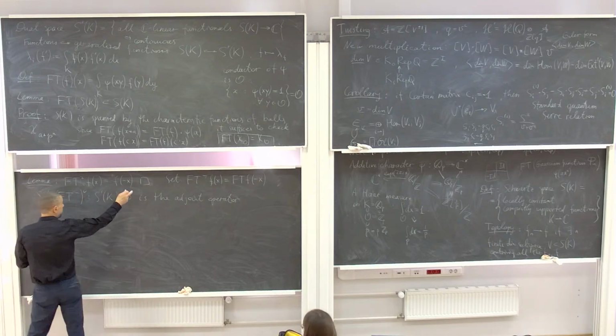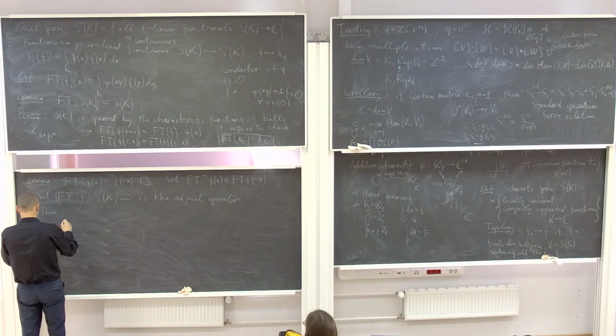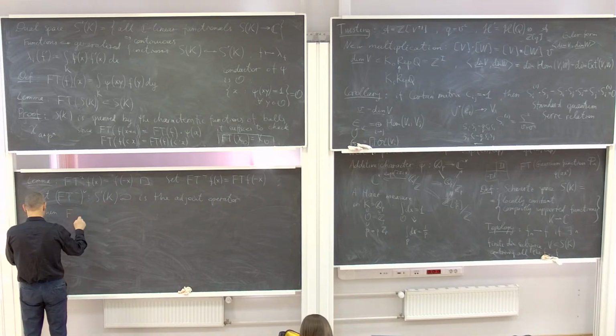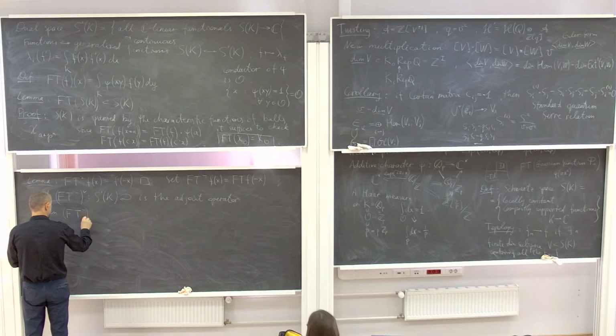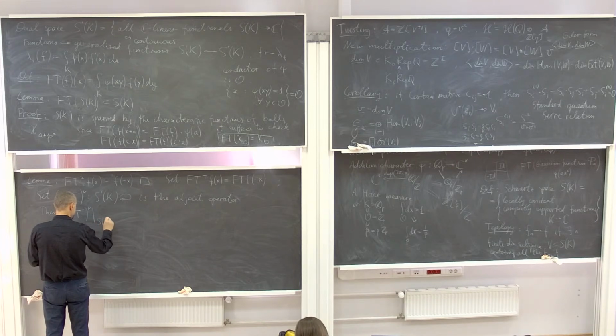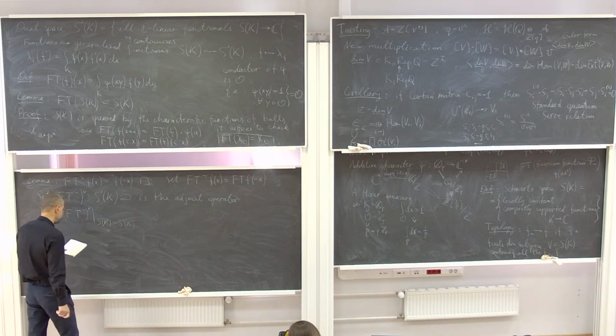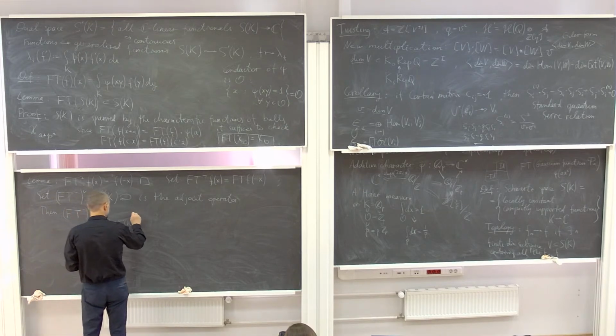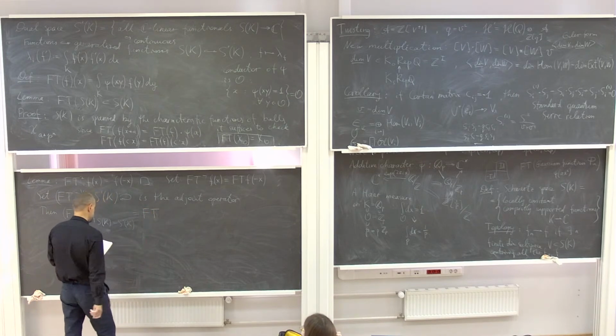Then by this property, we see that if we restrict our extension of the Fourier transform on the Schwartz space, inside the space of distributions, it's nothing but the original Fourier transform.